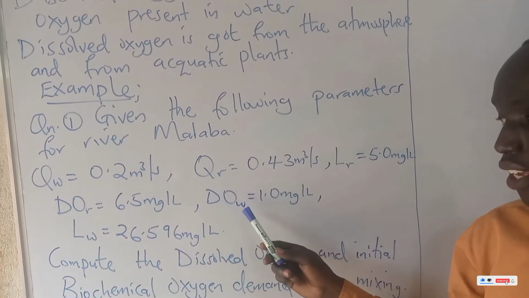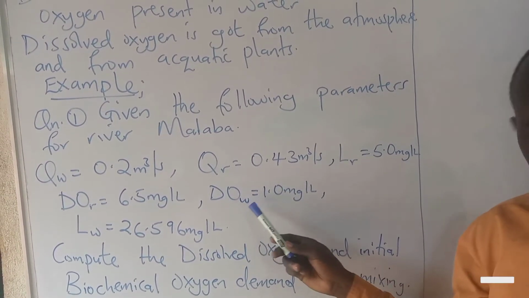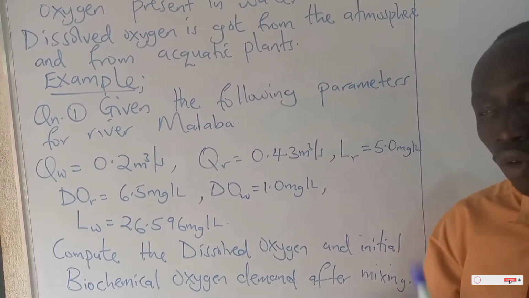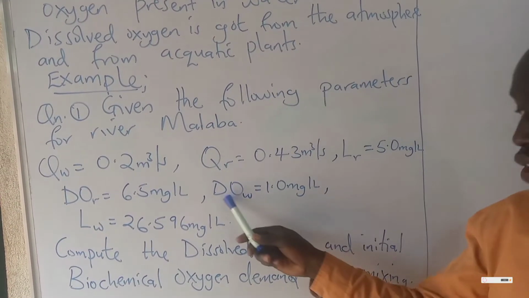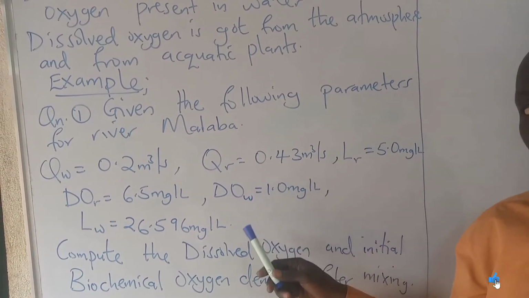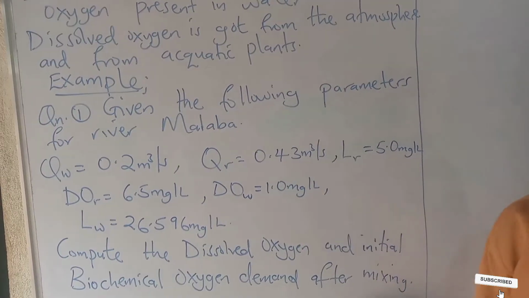Then DOW is the dissolved oxygen of the wastewater. W stands for wastewater, R stands for the river. So DOW is the dissolved oxygen of the wastewater, which is 1.0 milligrams per liter.